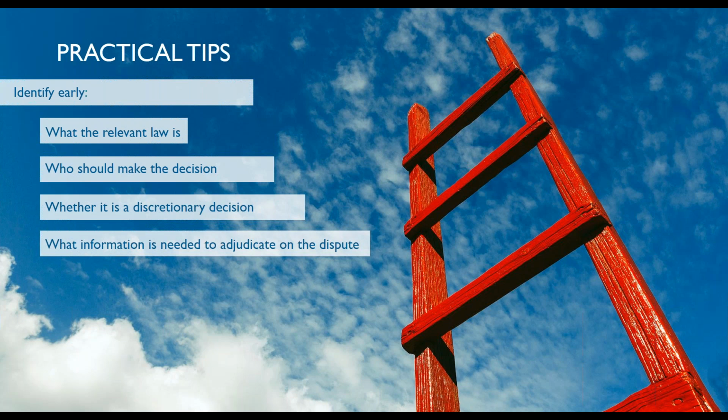Okay, so let's assume that it's taking a little while to get this information. Another key thing is to keep complainants informed about the progress of their complaint. If you don't do that, you're likely to end up with further complaints. So do keep complainants informed.